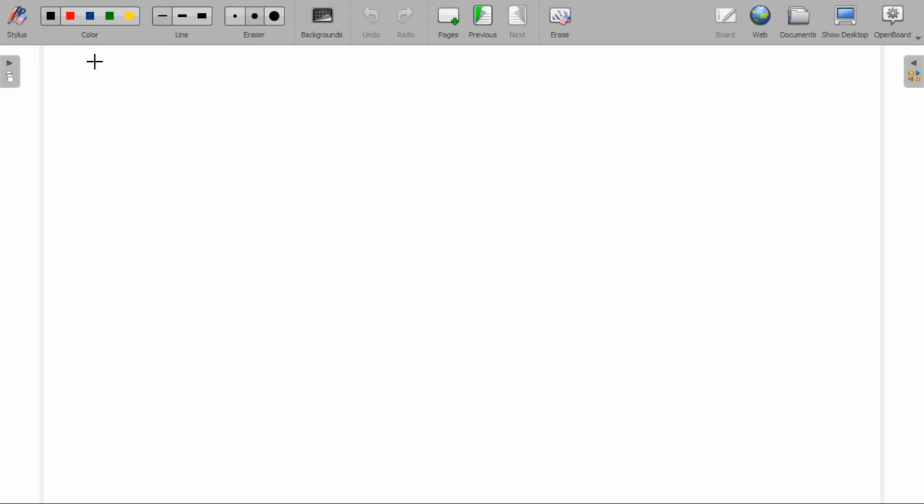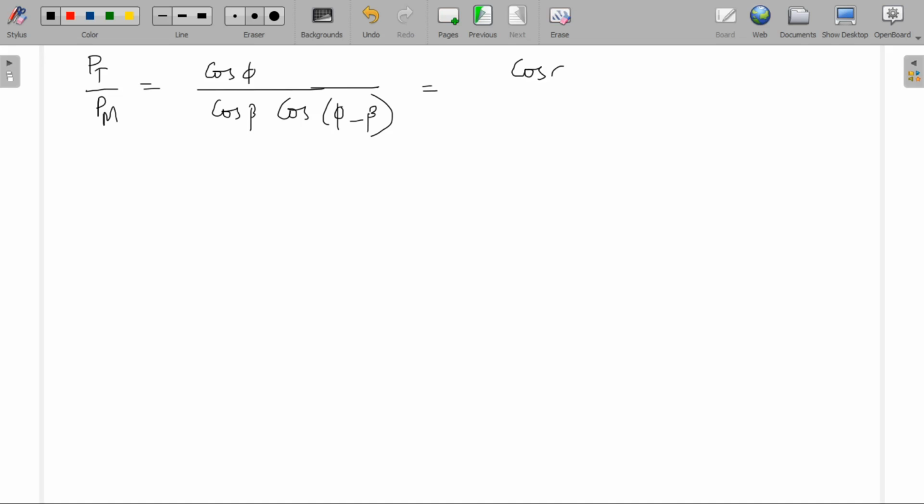Now the correction factor, that is PT by PM, is given as cos phi by cos beta into cos of phi minus beta. Cos of a minus b means cos a cos b plus sin a sin b.